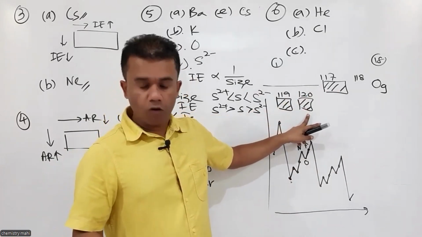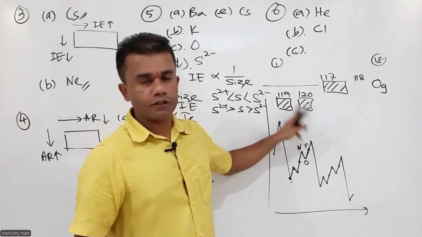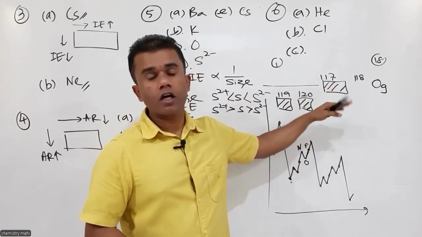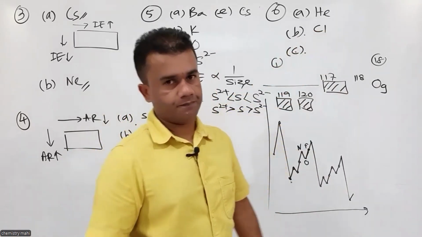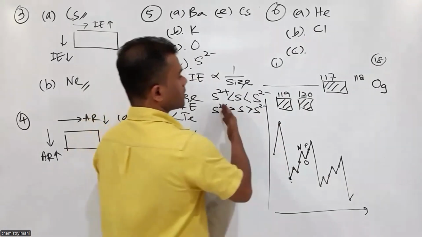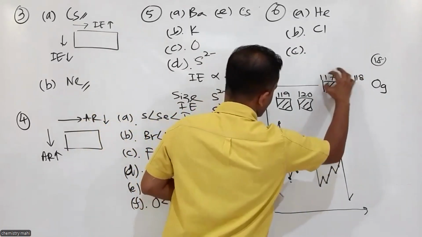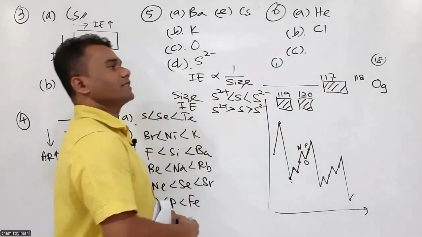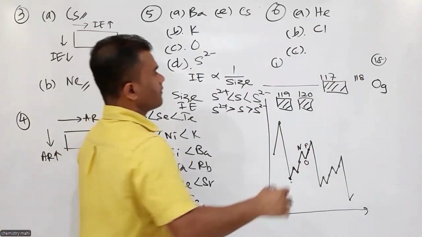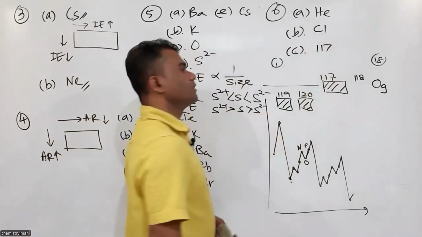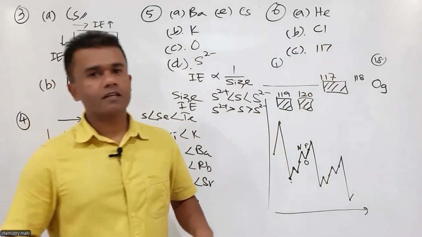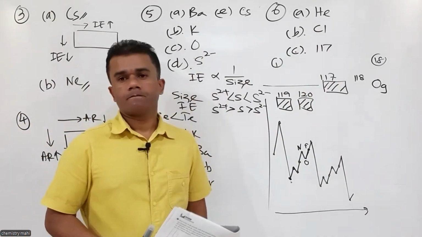Then again, they ask for the smallest one. The smallest one should be, I told you, rightmost top one. Out of these three, the rightmost top one is 117. The element having atomic number 117 should be the smallest element. I hope you got it.